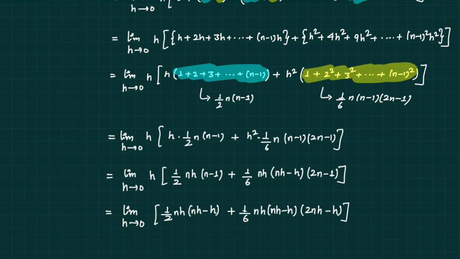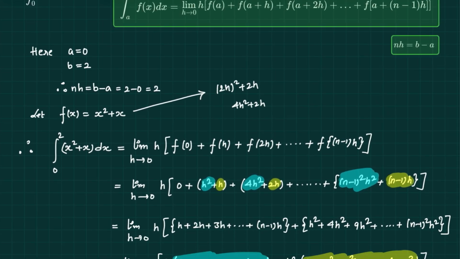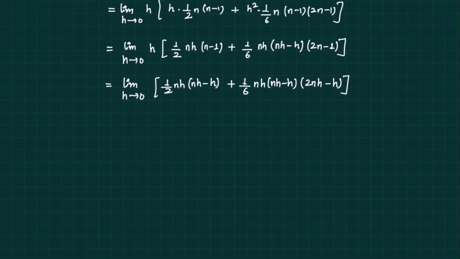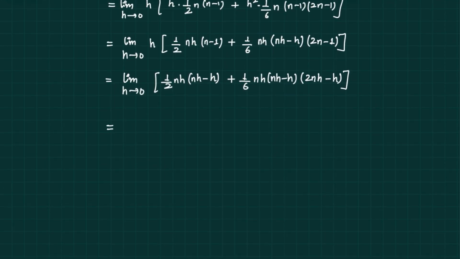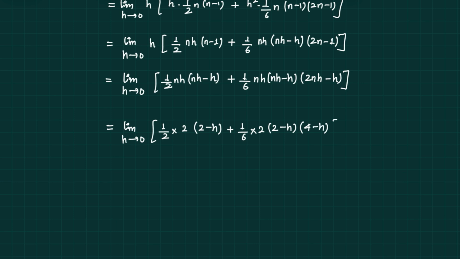Since we know the value of nh to be 2, so let us put it here. So it will be equal to limit h tends to 0 of 1 by 2, the value of nh is 2, here it will be 2 minus h plus 1 by 6 into 2 into 2 minus h into 2 into nh, that is 2 into 2 is 4 minus h.